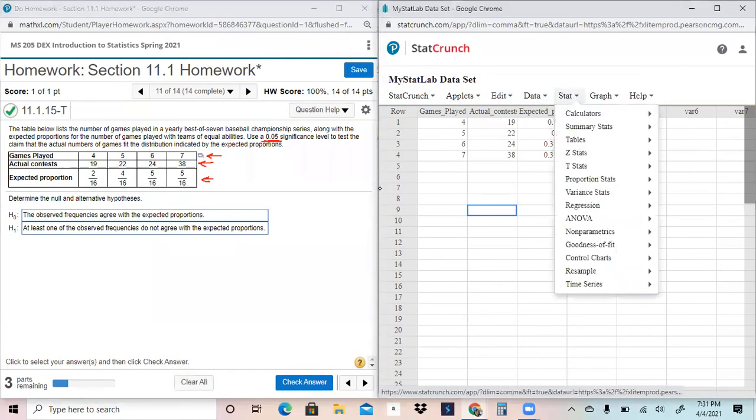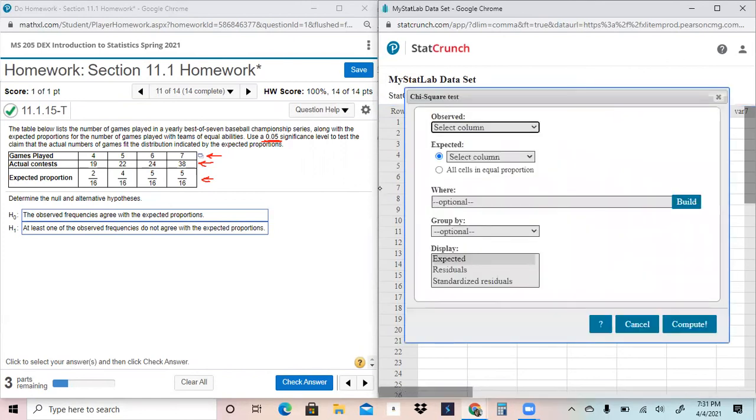So in this case, when we load this into our goodness of fit chi-squared test, our observed frequencies are the actual contests. Our expected values are in the expected proportions. In this case, it's not a case of all the cells are equal.